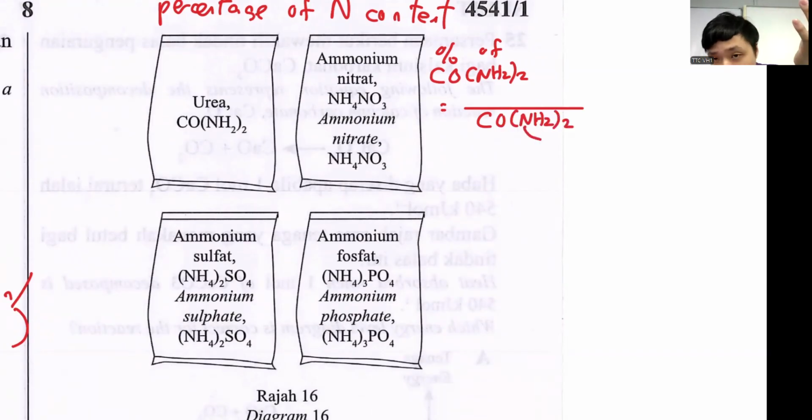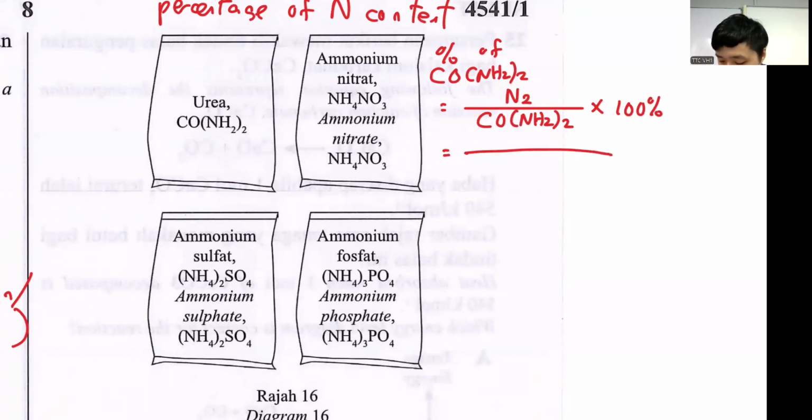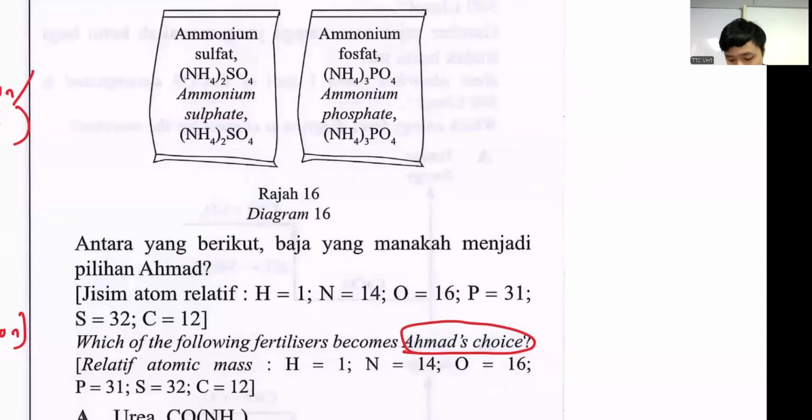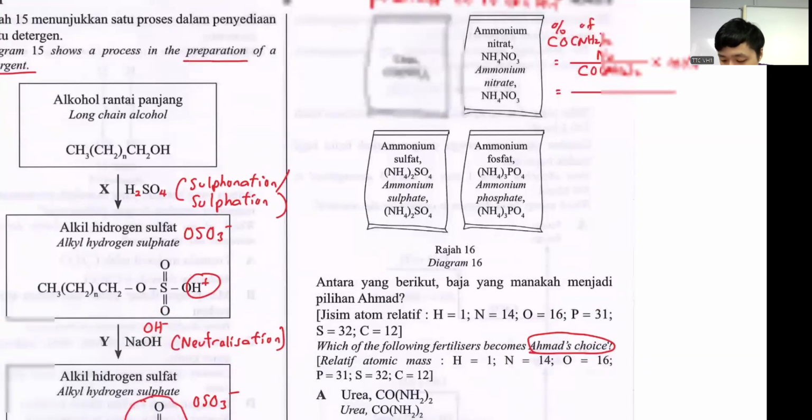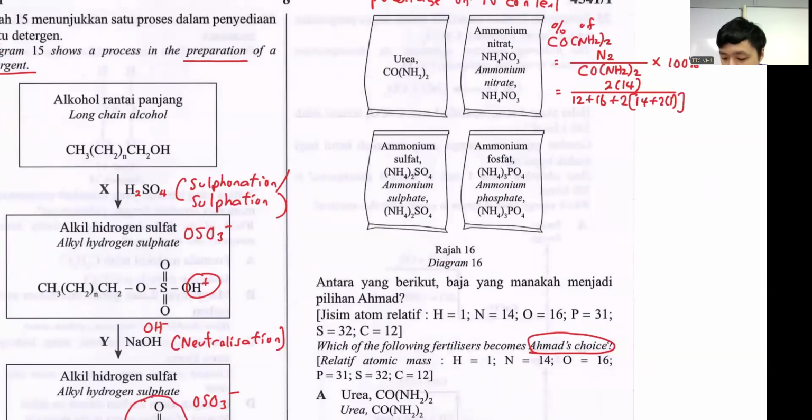You see bracket 2, so on top also 2 times 14. Then multiply by 100%. Bottom is 12 plus 16 plus 2 times (14 plus 2 times 1), times 100%.